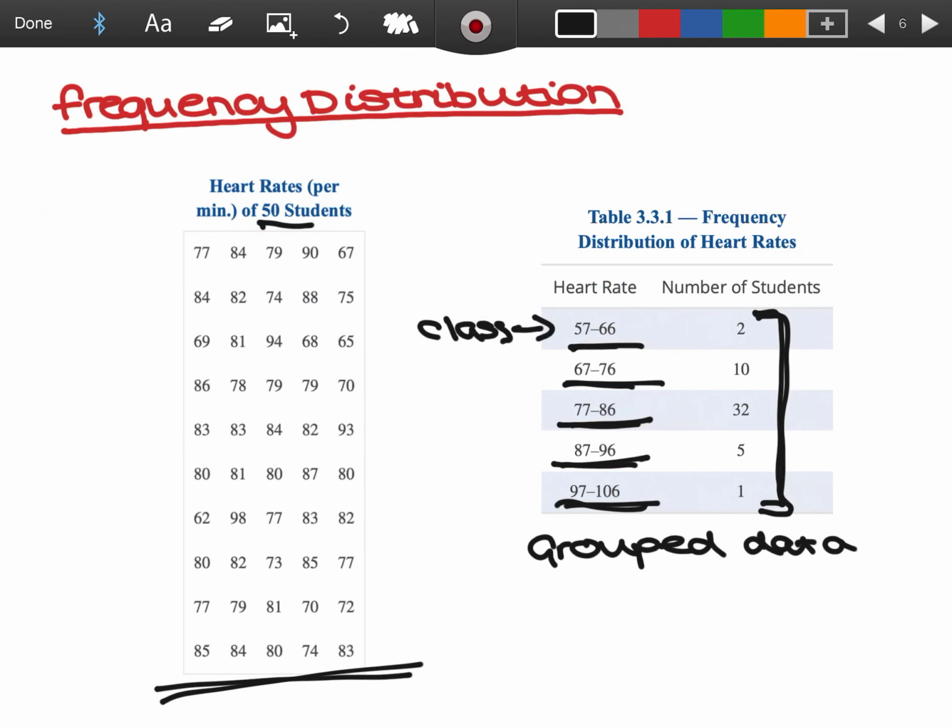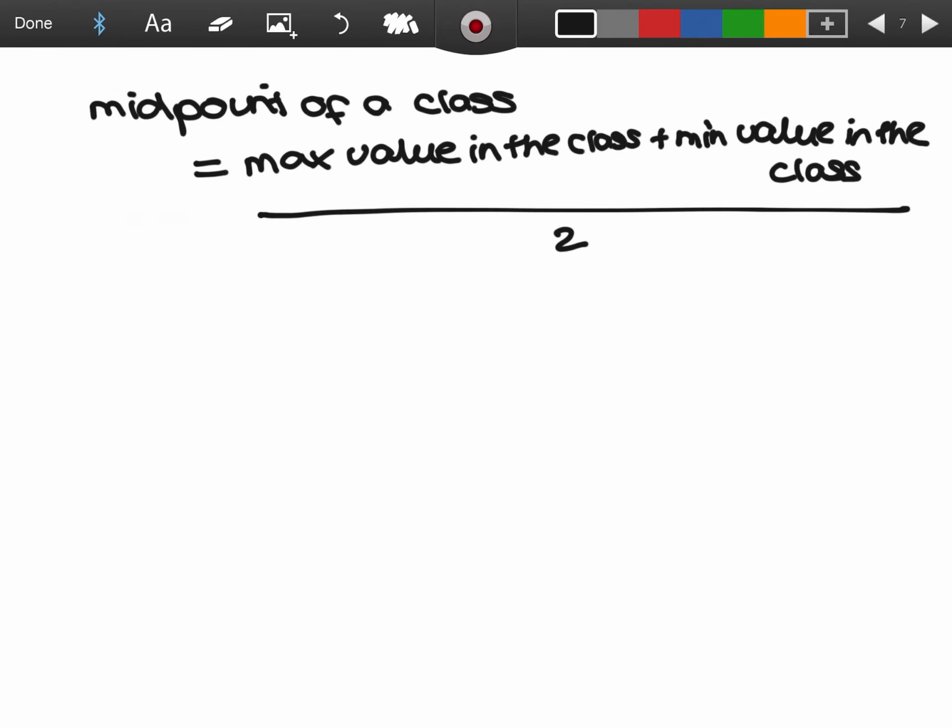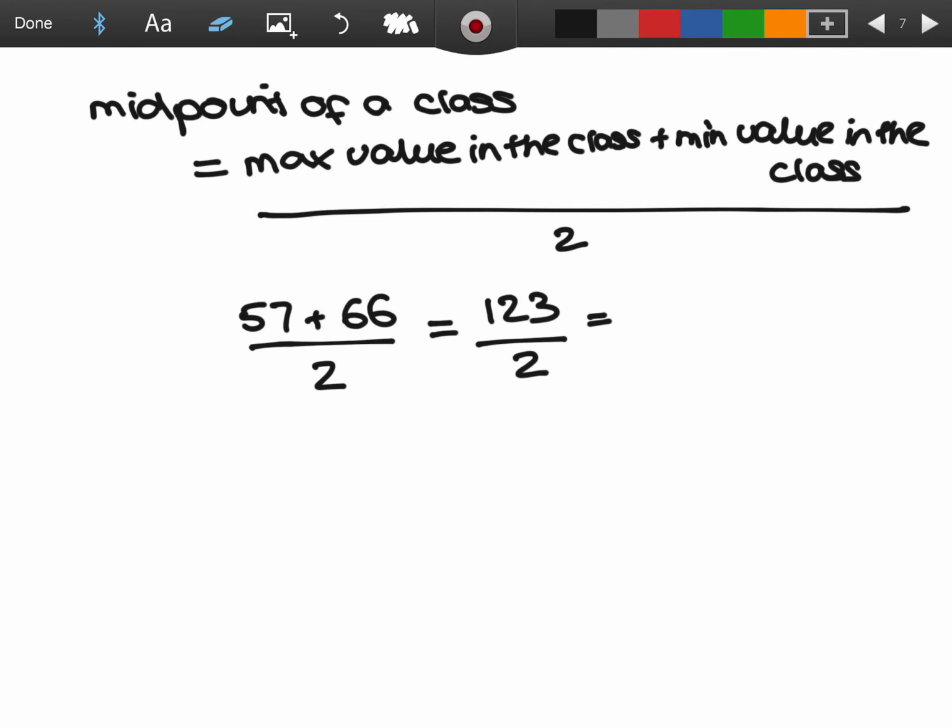So in this case, for the first class, let's say they said, what is the midpoint of the first class? I would do 57 plus 66 divided by 2. If you add that up, I think that comes to 123 over 2, which if you work that out, I think comes to 61.5.